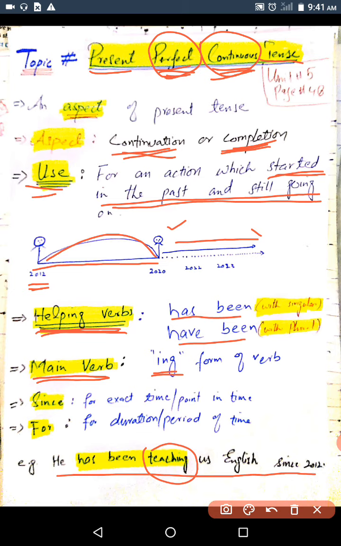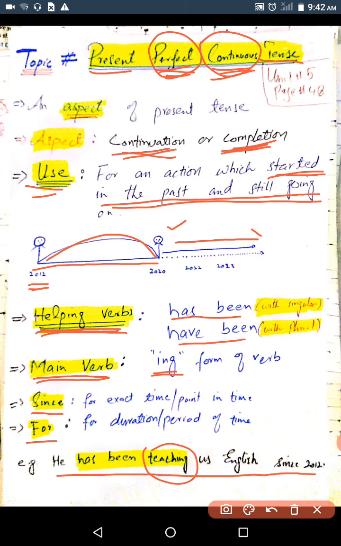There are two other things which are not in other tenses, which can be found only in perfect continuous tenses, that is since and for, and students get confused in these two. Since is used for an exact time, a point in time, when the date is known to you, when the particular time on the watch is known to you, like 9 a.m., 4 p.m., 5 July 2019, etc. Then you have to use since.